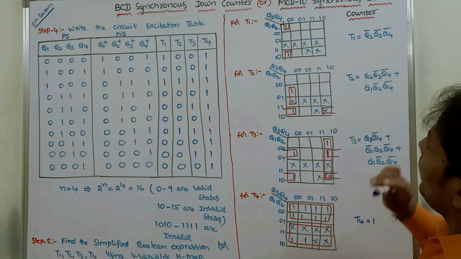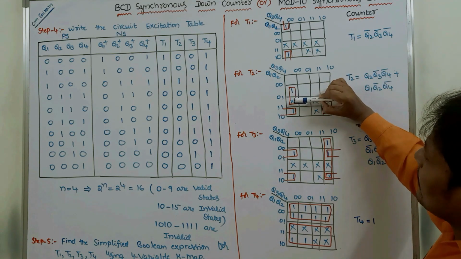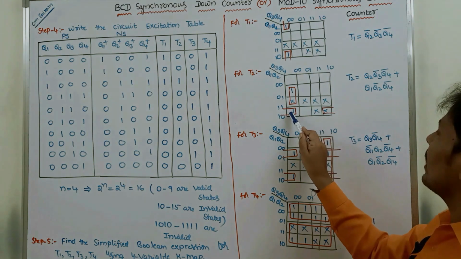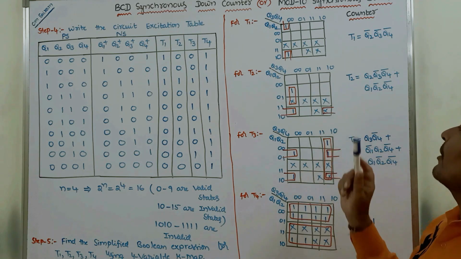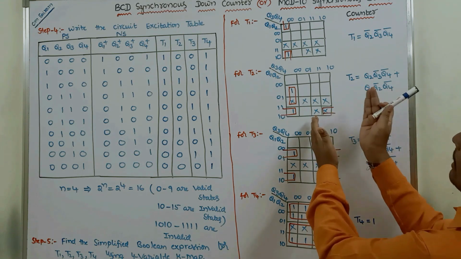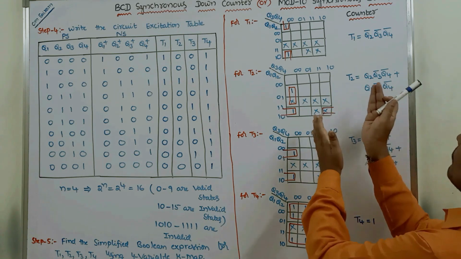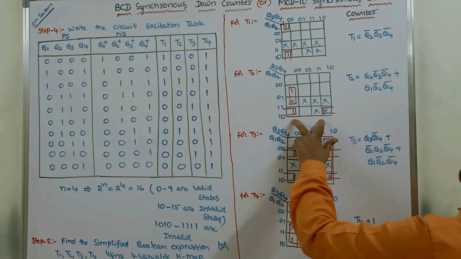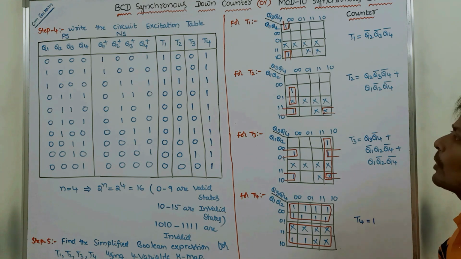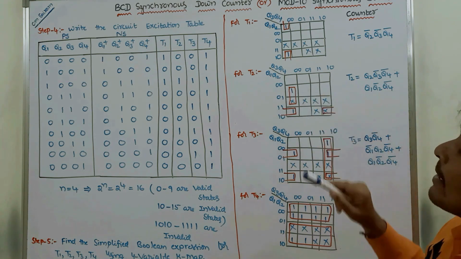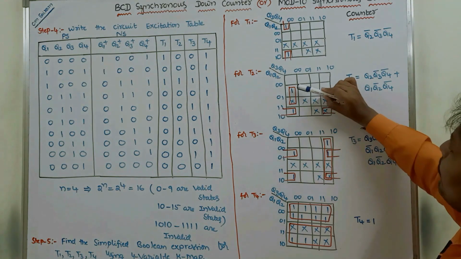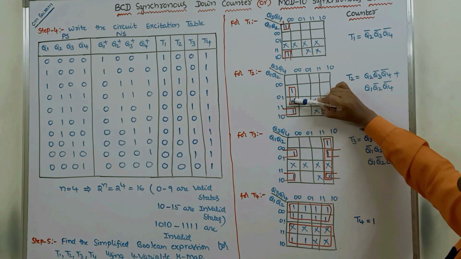Here this one and this don't care can be formed as a pair, and this one and this don't care can be formed as a pair by folding the Karnaugh map in the middle from right to left. Okay, these two can be formed as a pair, because only 2 ones are there, and the 2 ones are not adjacent. So this one and this don't care can be formed as a pair.